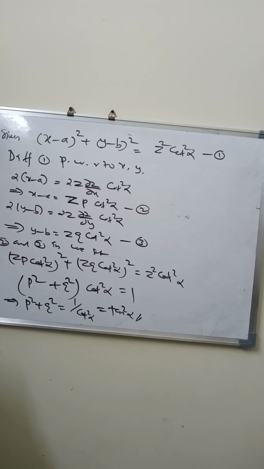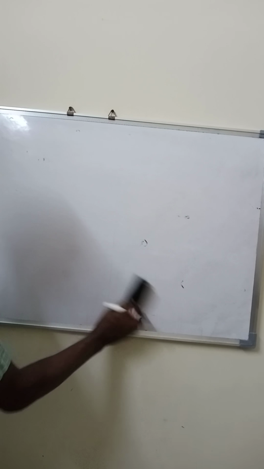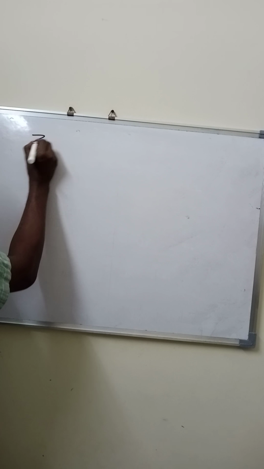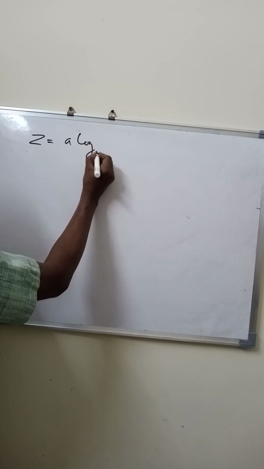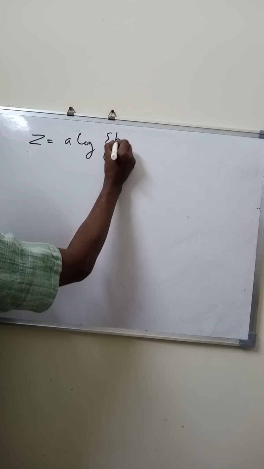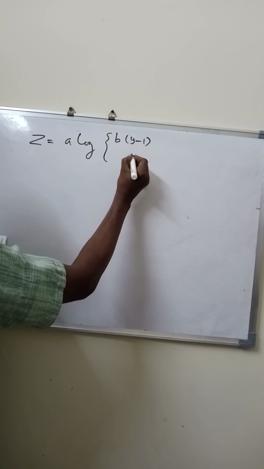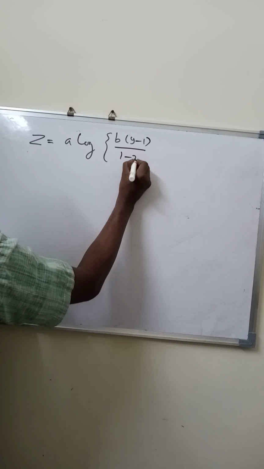Okay, it's clear. Now the next problem: form the partial differential equation by eliminating a and b from the equation z is equal to a into log of b into (y minus 1) by (1 minus x).